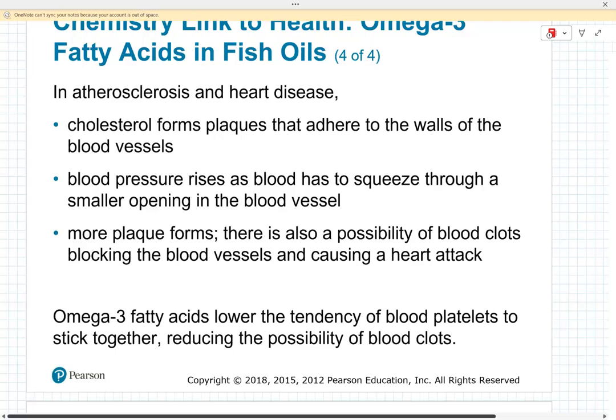Does that make sense? So there is an association between the intake of unsaturated fatty acids and the levels of not just cholesterol, bad cholesterol, so-called very low density lipoproteins and low density lipoproteins. Okay?